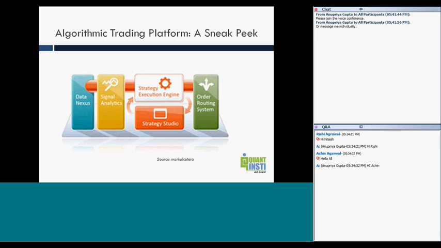Most exchanges are FIX compliant. FIX is Financial Information Exchange, a global standard methodology for connecting to the exchange. If it is FIX compliant, it becomes very easy to connect. Once you connect to one FIX compliant exchange, you can connect to multiple exchanges after that. So that's a brief of an algorithmic trading platform.